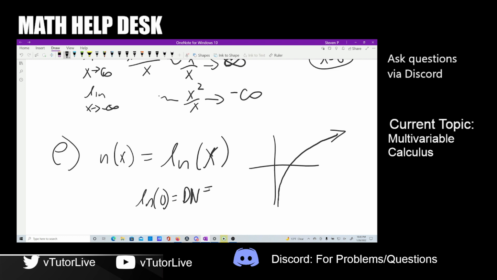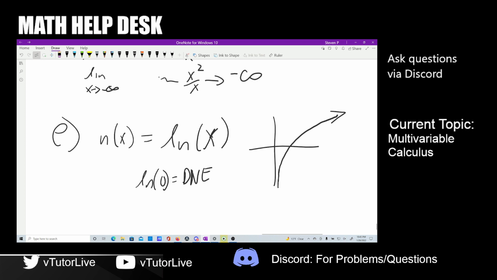It's undefined. But just based on the definition of natural log, you can get arbitrarily close to 0. As x gets arbitrarily close to 0, natural log just blows up to negative infinity down there. So I would call that a vertical asymptote. x is equal to 0.